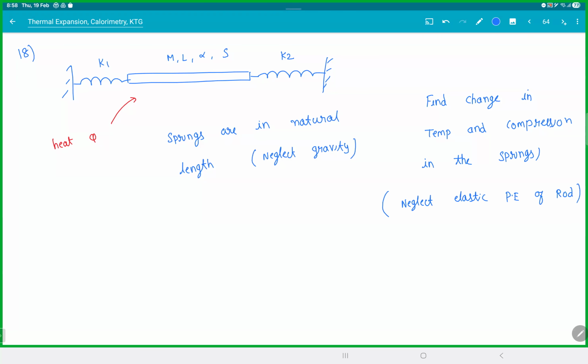We can actually include that also and solve, but okay, it just becomes a little lengthy. Let's get this. So we got a rod connected with two springs, and you have a heat Q. It's on a smooth floor, so there's no gravity. Just get me the equations. Solving is a little lengthy, but get me the equations.